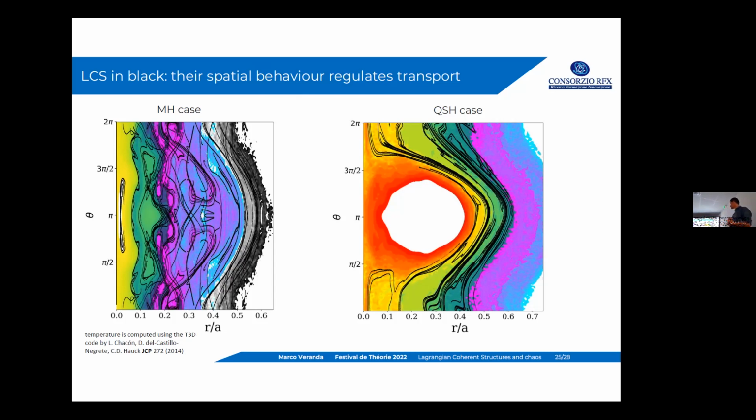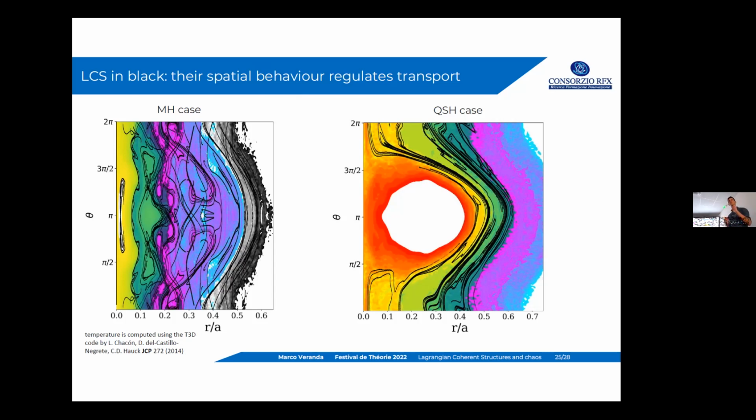But here the consideration that I want to make is related to the shape of the Lagrangian coherent structures. In this case, they are tightly packed in a generalized radial direction that you can find by a suitable coordinate system to keep into account the helical shape of the plasma. And here we observe a strong electron temperature gradient. While in the non-helical case, the Lagrangian coherent structures can span a long radial direction.